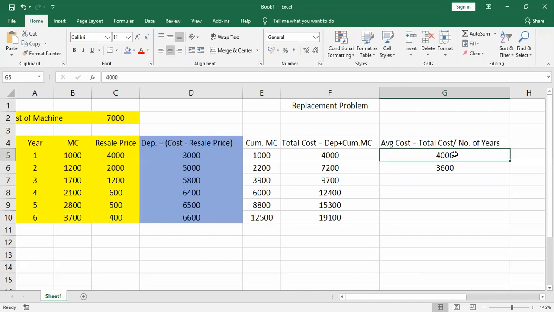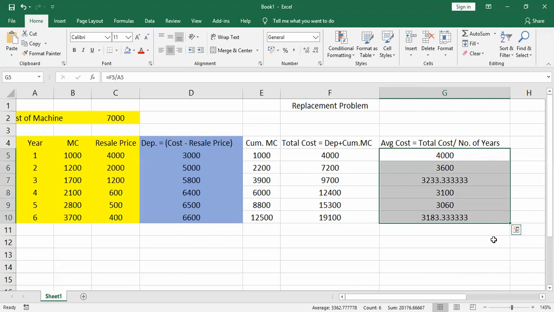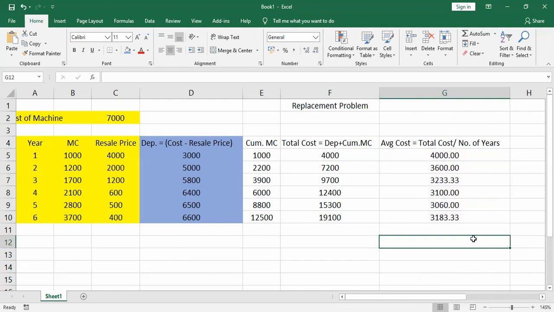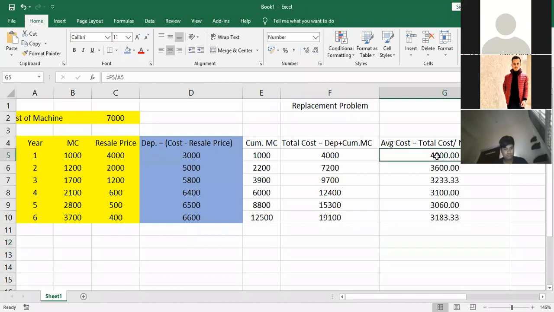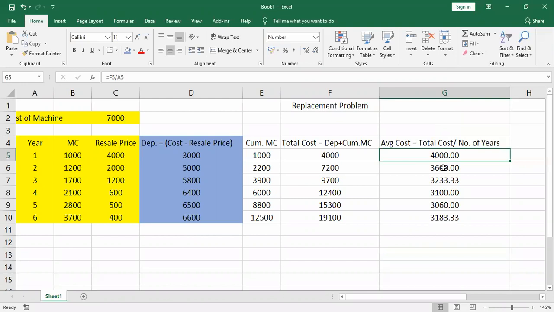So what we are doing is calculating the average cost of that machine which we are spending. Now the question arises how we will find the cost. If I continue the machine for 1 year, it costs 4,000 rupees. If I continue, it costs 3,600 rupees per year.